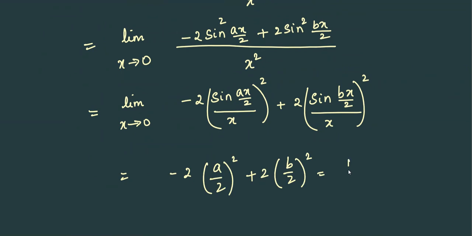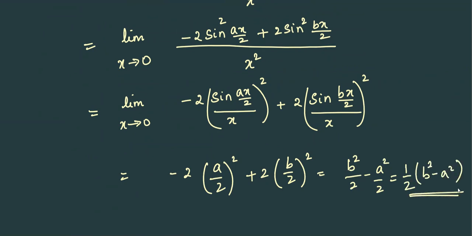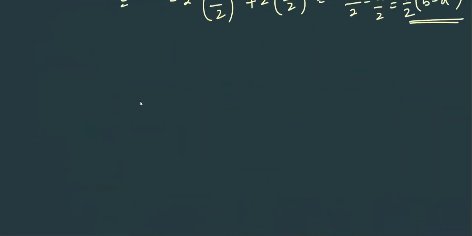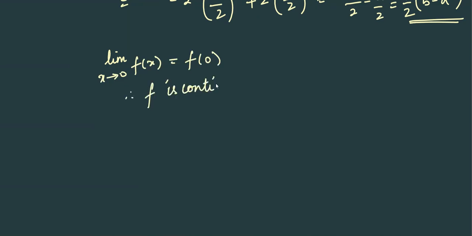So you get b square by 2 minus a square by 2. So limit as x tends to 0, f of x is equal to f of 0. Therefore, f is continuous at x equal to 0.